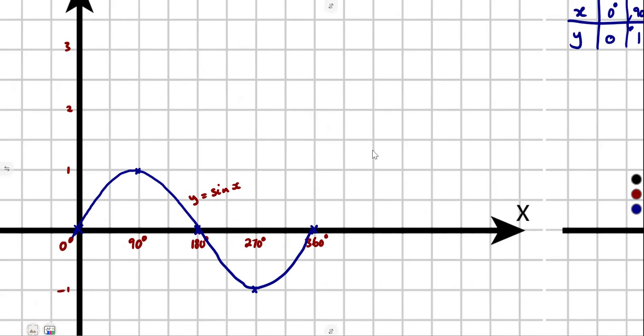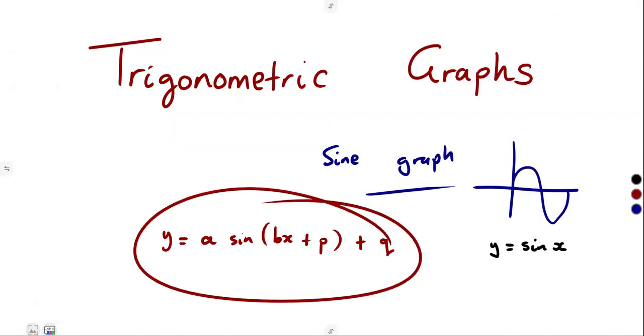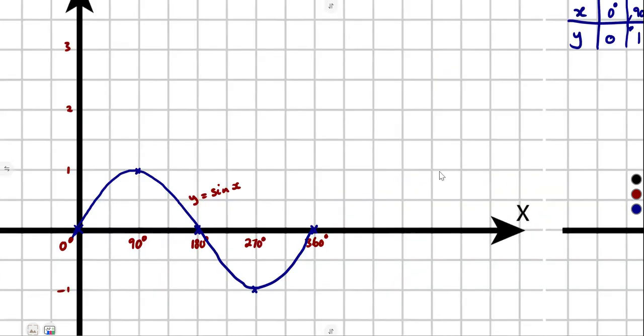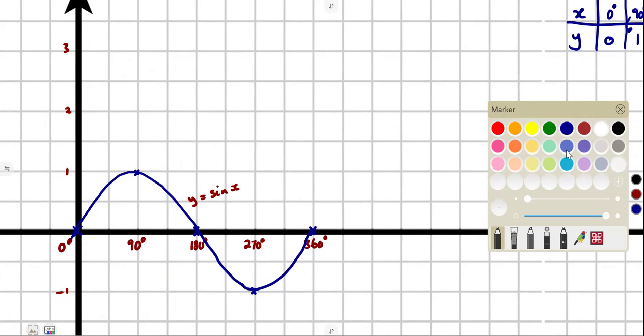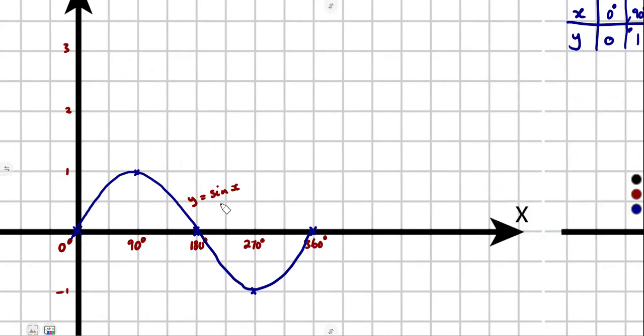So before we look into these effects, it is important for you to understand the basic graph as it is like: the sine of x limited from where the minimum value being -1, maximum value being what? +1. We cannot exceed that when it is y is equal to sine of x, unless there is a certain effect.